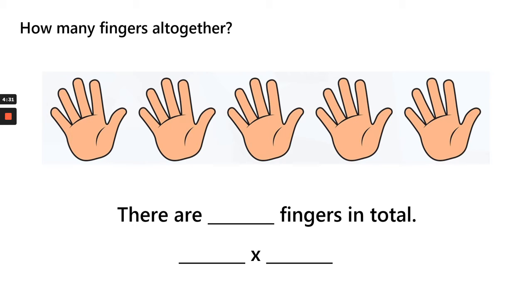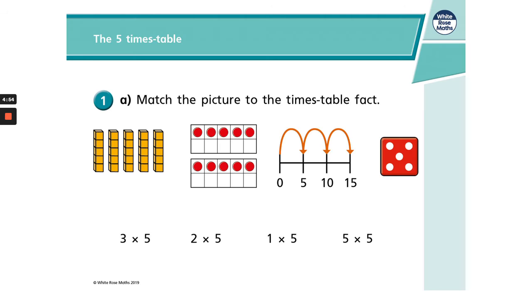So let's count up in 5s. 5, 10, 15, 20, 25. We know that there are 25 fingers in total, and 5 lots of 5, or 5 times 5 equals 25.